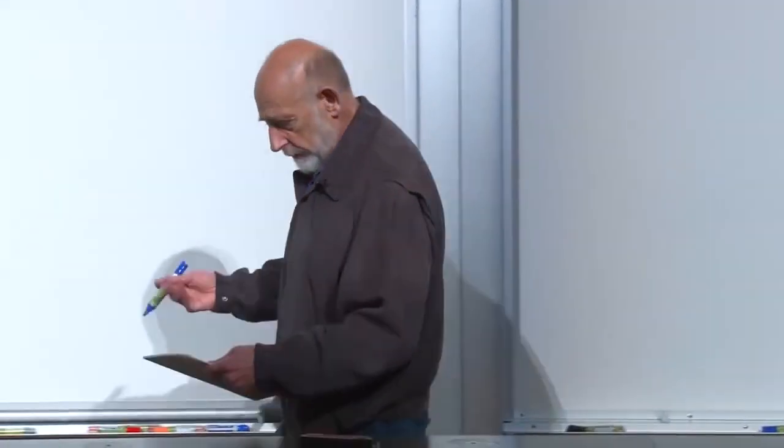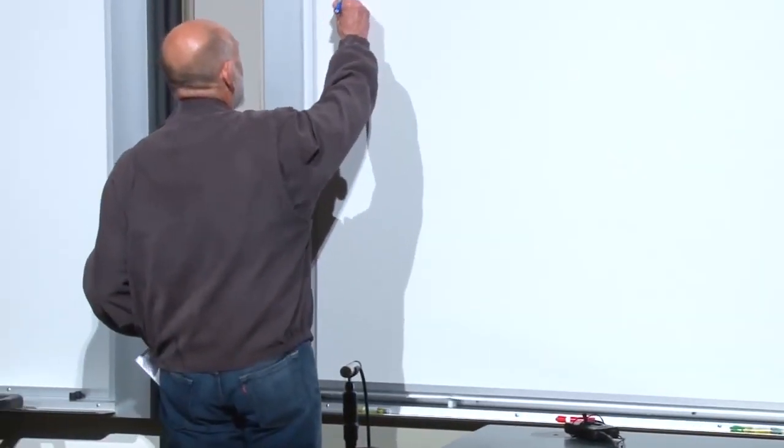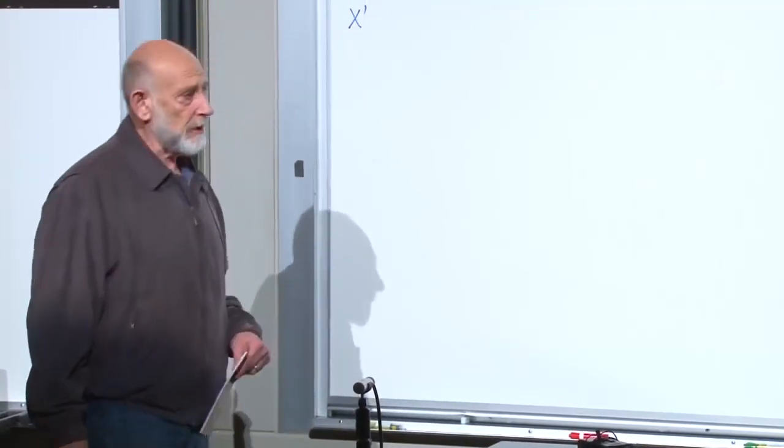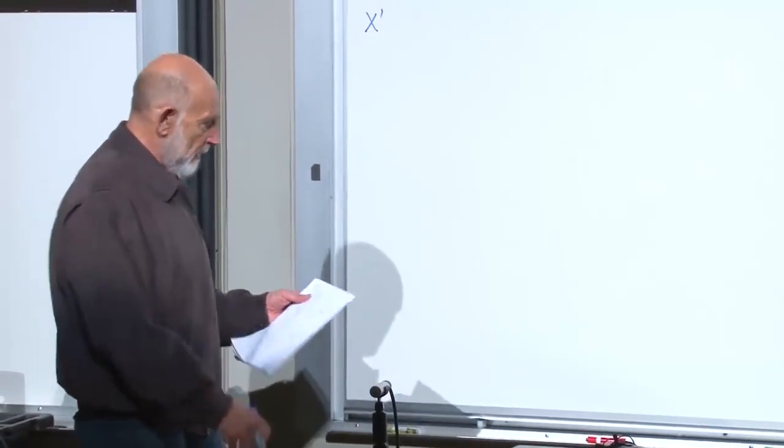Okay, so for example, if x prime is the coordinates as seen in the train, here's the train over here, let's draw a train.